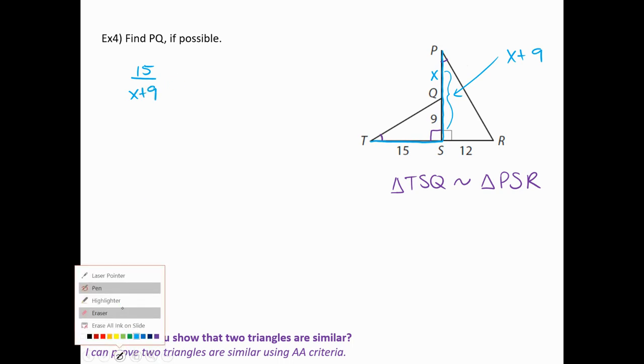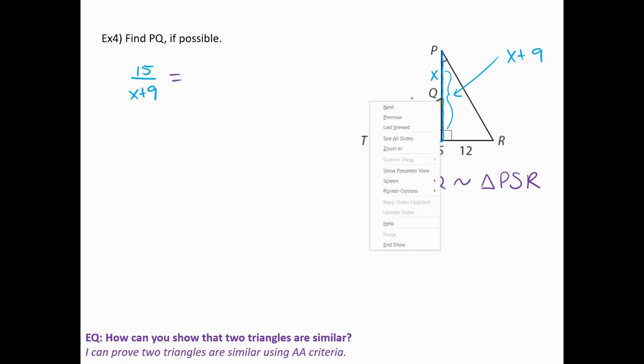Then I do an equal sign. And then I'm trying to match it up. Last thing to match up here. Then if I go back to my small triangle, the short side is, sorry about that, right here. This piece right here, which is 9. That's the short side. That matches up with over here, my short side, which is 12.